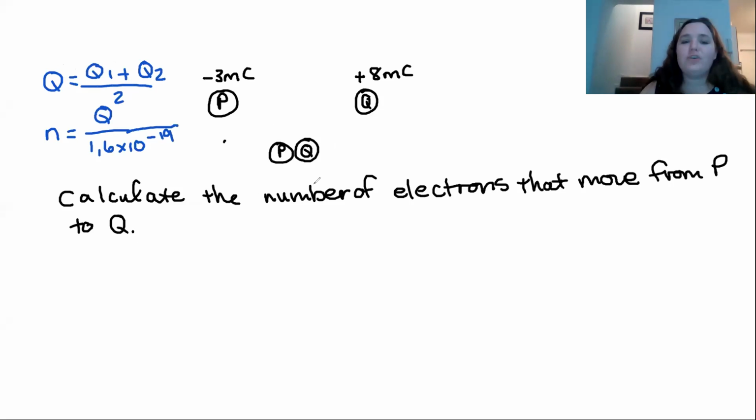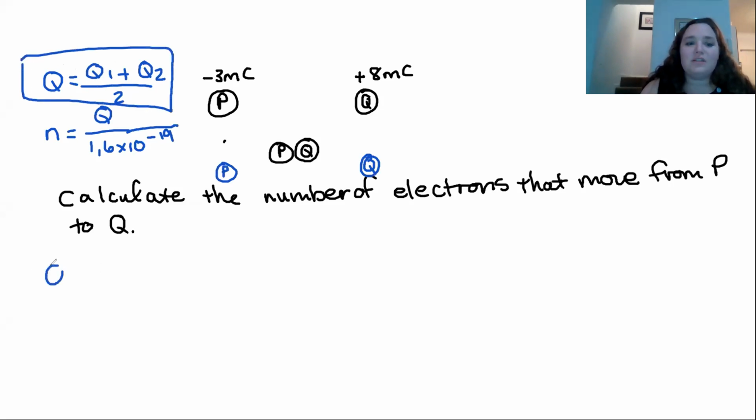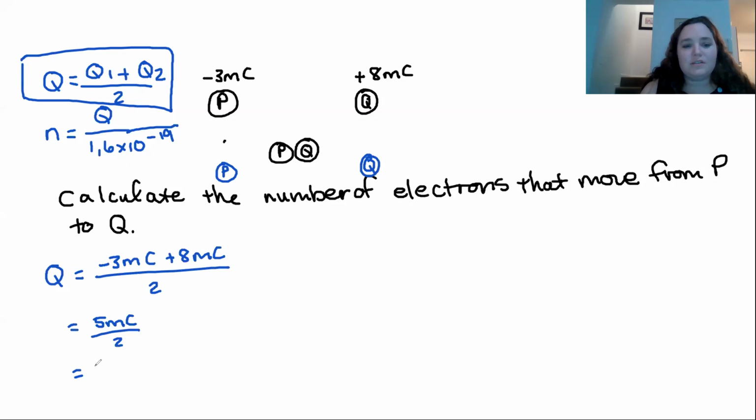So first thing that I'm going to do is I need to work out the charge on both P and Q after they've touched. That's going to be using that formula. So I'd say that the charge after they touched, and I'm not going to change milli across here, I can get away with it still for now. So negative 3 millicoulombs plus 8 millicoulombs divided by 2 is going to give me 5 millicoulombs divided by 2, which is 2.5 millicoulombs.